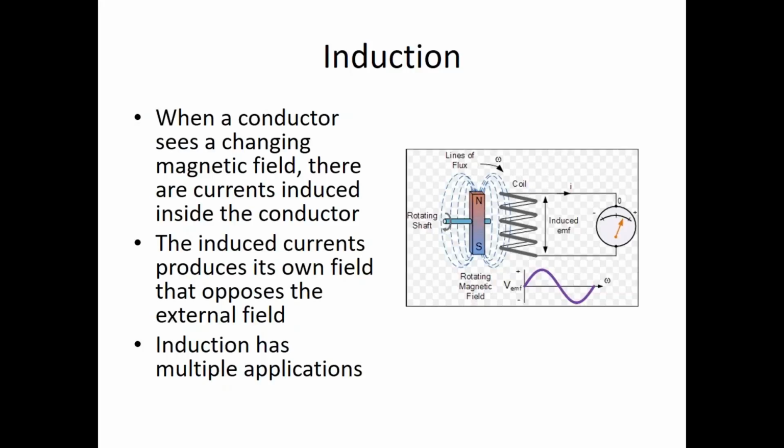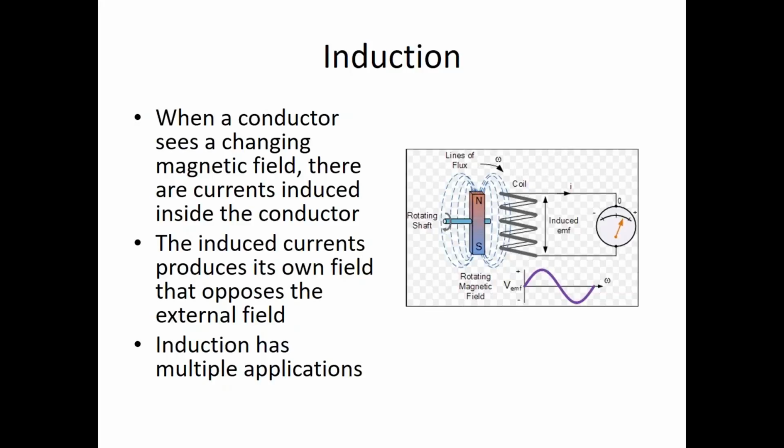This conductor material could be a coil, it could be a plate, it could be made of copper, aluminum, stainless steel, etc. This is a principle called induction. These induced currents produce a field of their own, because a current carrying conductor produces a magnetic field. And this field is generated in such a way that it opposes the main field. So this interesting principle leads to a lot of applications in the world of engineering.